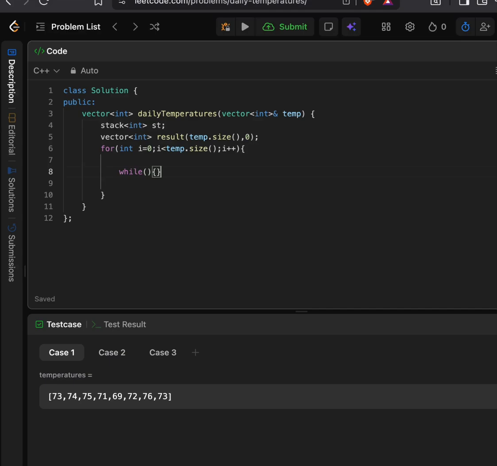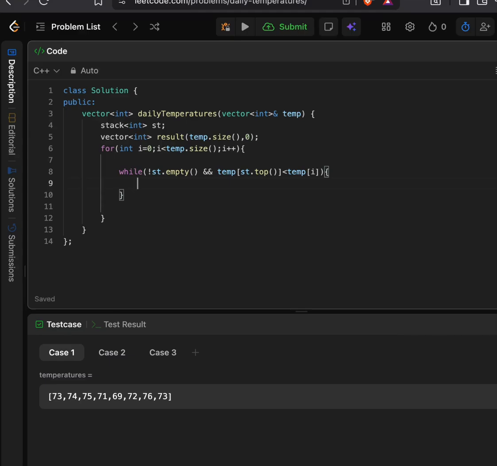While the stack is not empty and temp of st dot top is less than temp of i, we will pop out.